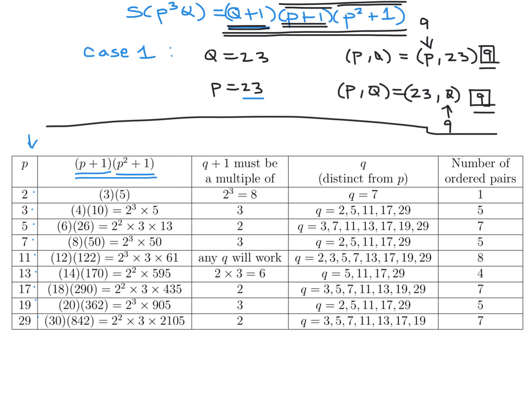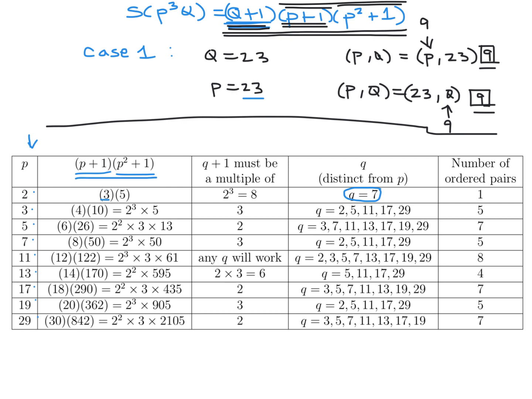But if Q plus 1, this guy is, say, 8, then it may become a multiple of 24. And that happens when Q is 7. If Q is 7, then this guy up here becomes an 8.